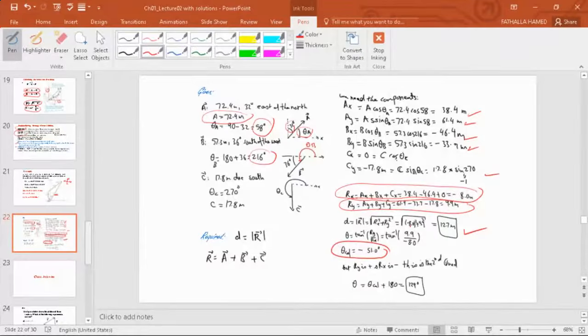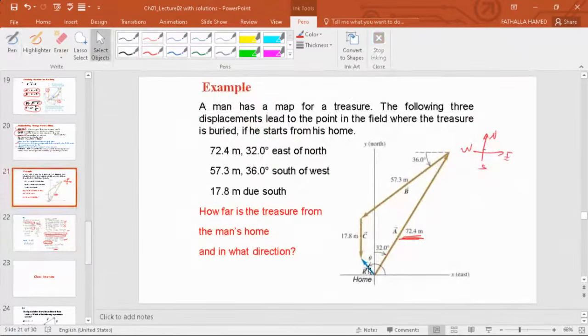You are in the second quadrant, so you add 180 degrees to this, and you get 129 degrees. That's now your resultant vector, and this is the angle relative to the positive x-axis, which is 129 degrees.